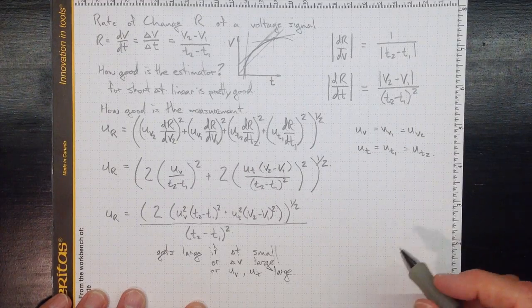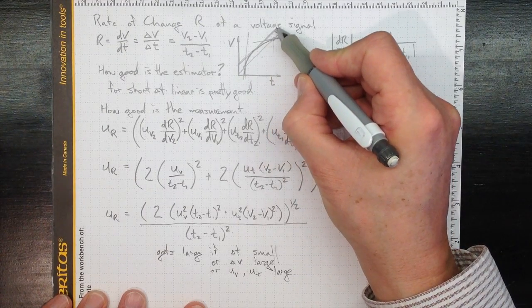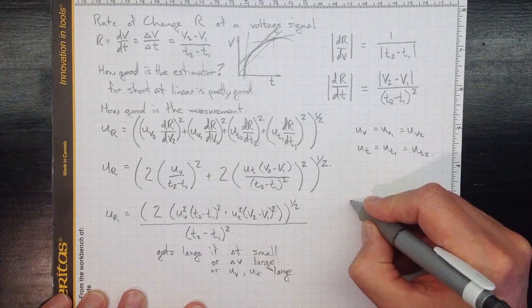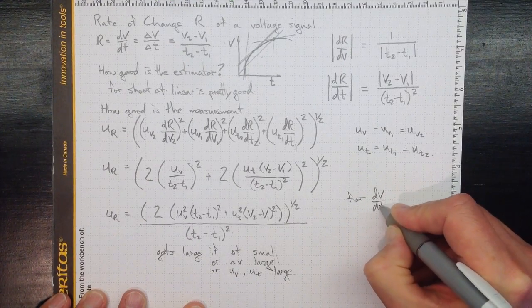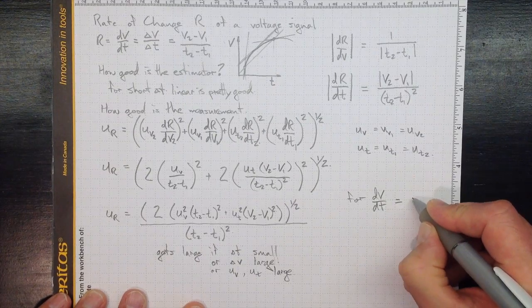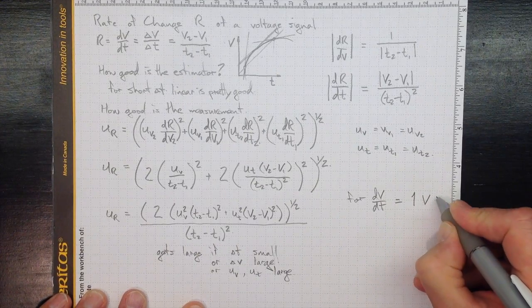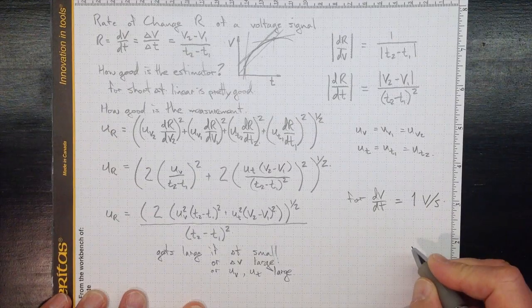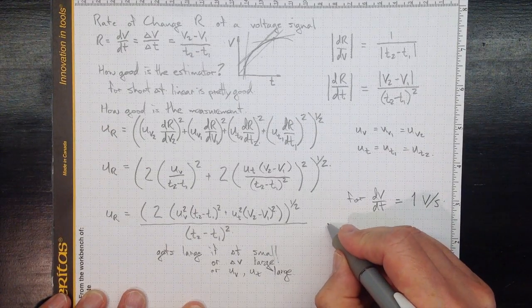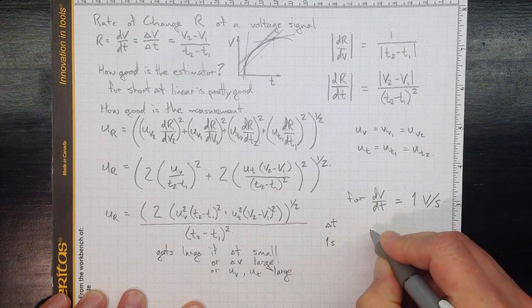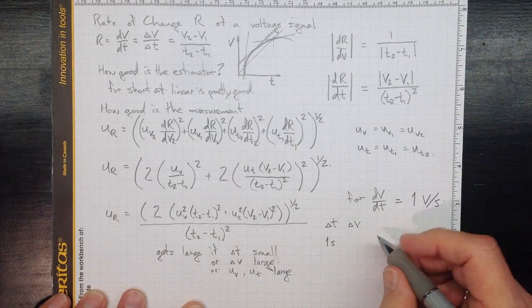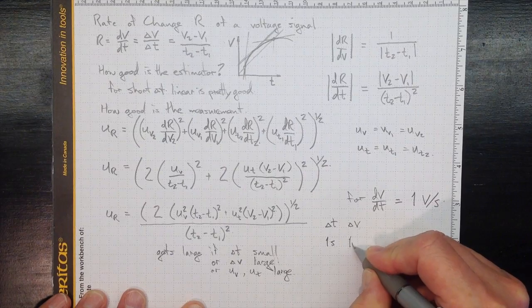Now suppose we had a slope of about 1 like this. So if dV/dt was equal to 1 volt per second, then if we took our delta t for 1 second, our delta v would be 1 volt.